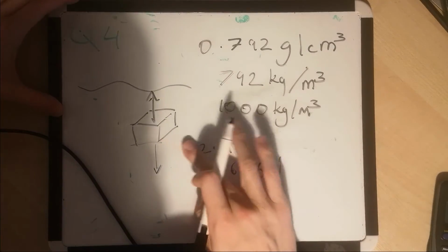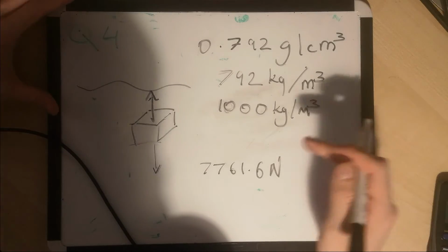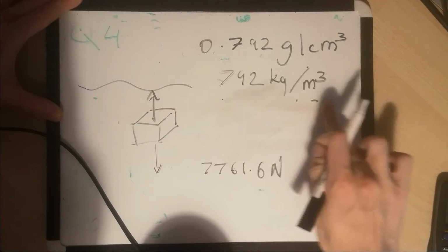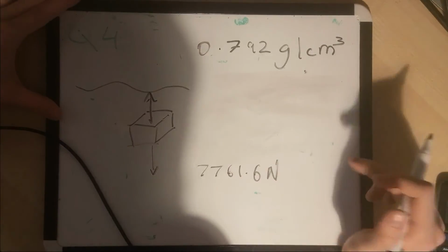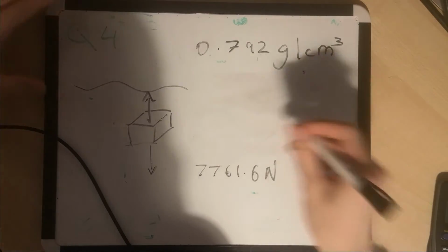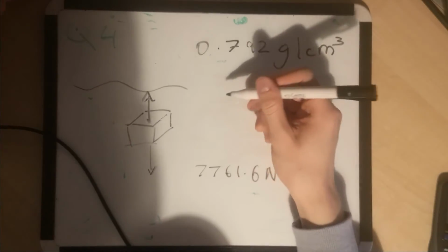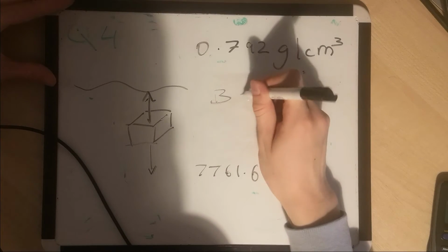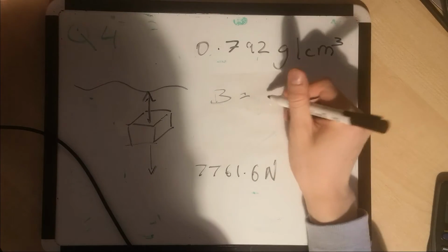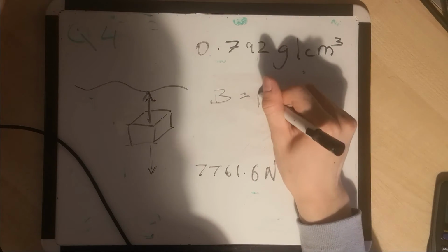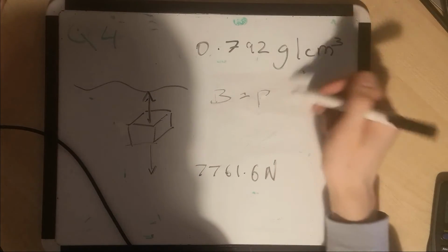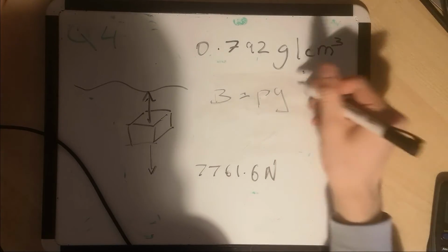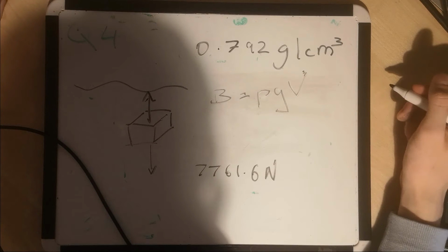Now upwards is a bit more tricky. We have to use the buoyancy formula, which is something you just have to learn, unfortunately, because I couldn't find it in the log tables. The buoyancy force is rho, the density, times gravity, times the volume displaced.